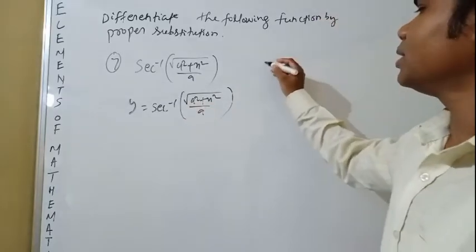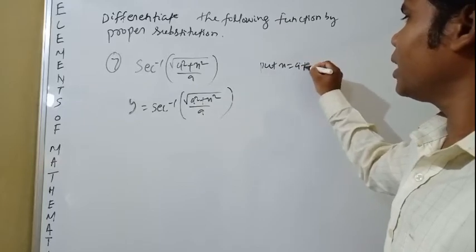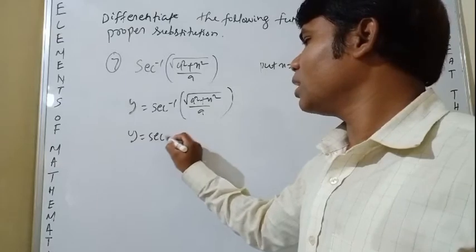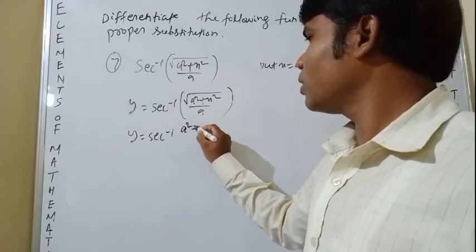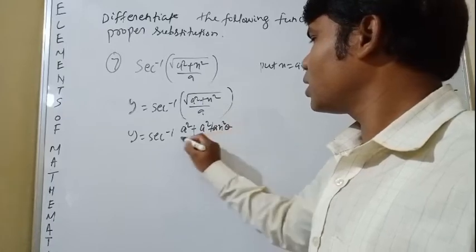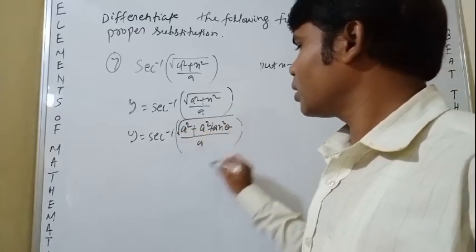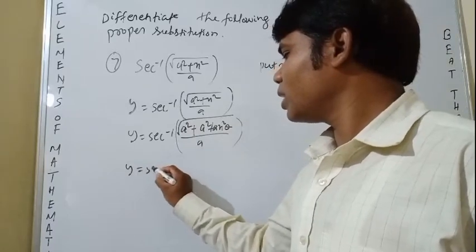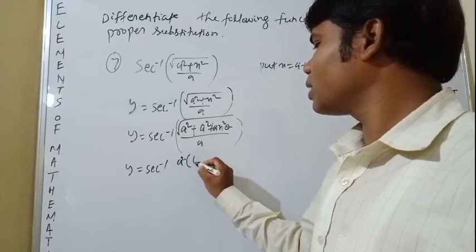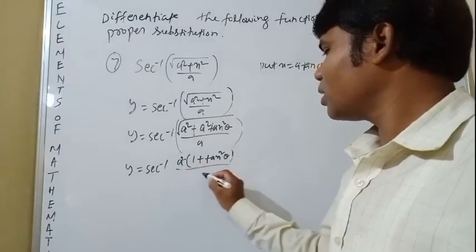Put x is equal to a tan theta, then y is equal to sec inverse of root over a square plus x square, that is a square tan square theta, by a. Taking a square common, that is 1 plus tan square theta, by a.